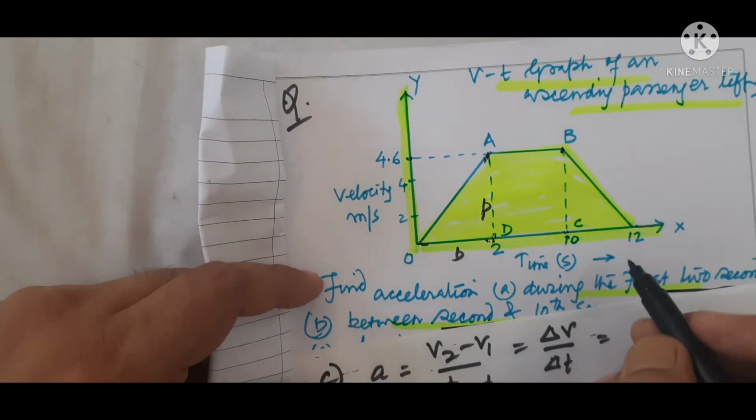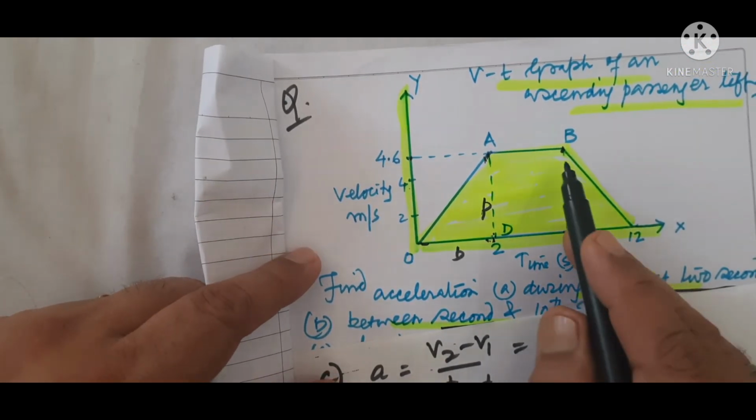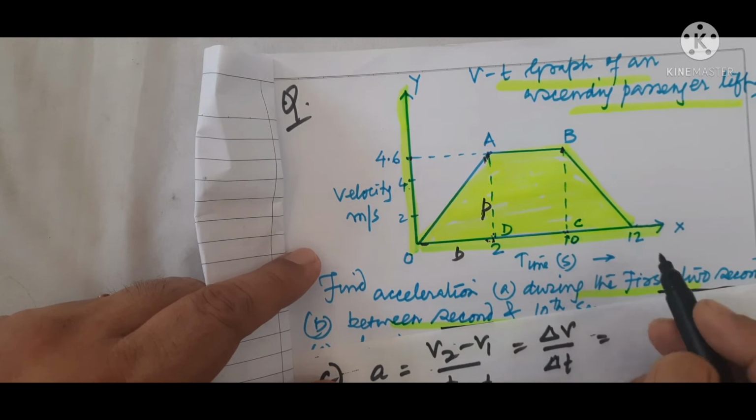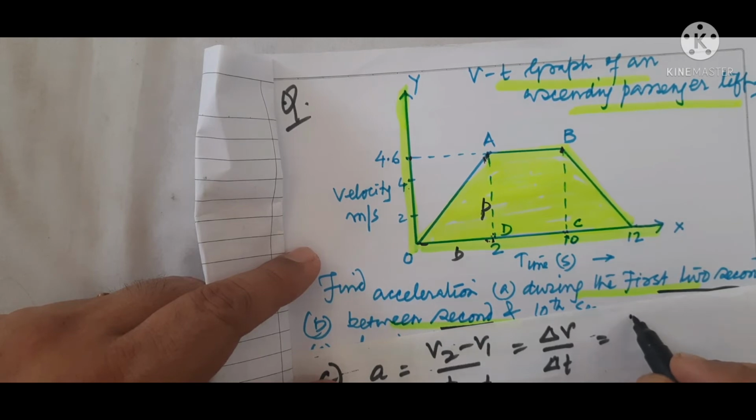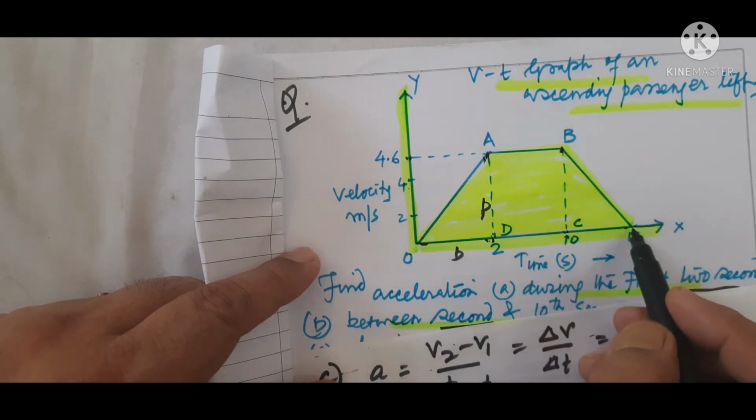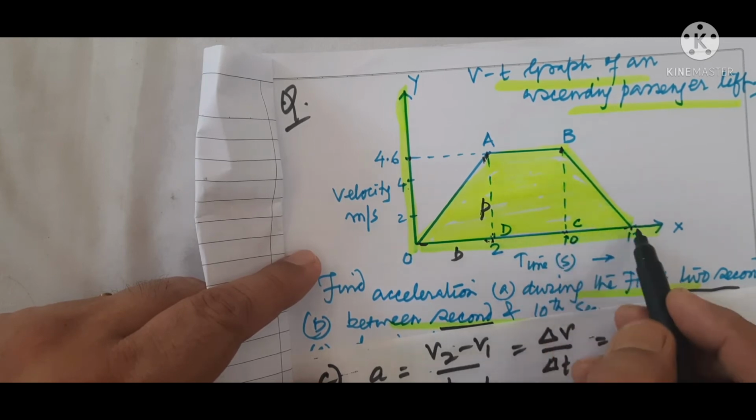What is the change in velocity here, 12 and 4.6? So the final velocity is at 12, where the velocity becomes 0.